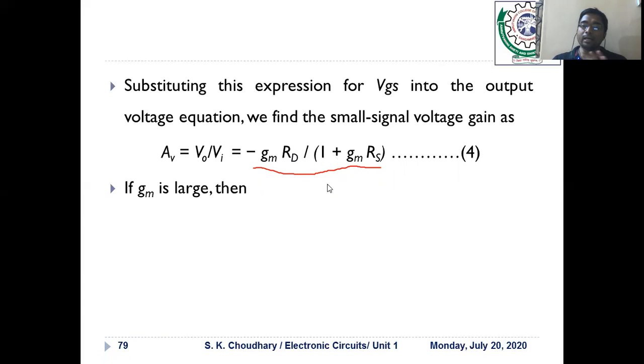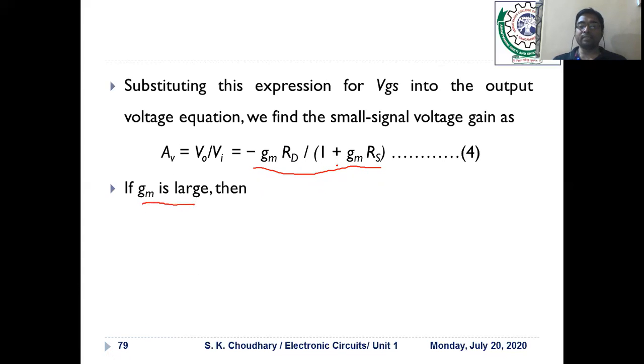This is the actual value of the voltage gain. If you want to calculate the approximate value of the voltage gain, you have to make some assumptions. Here we have assumed that gm is very large.